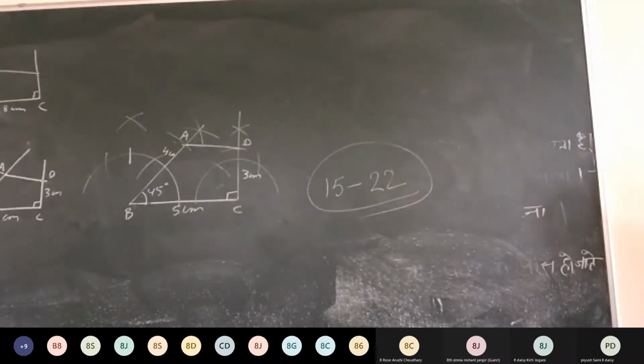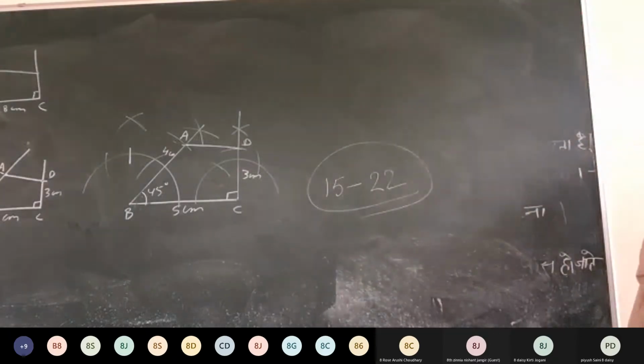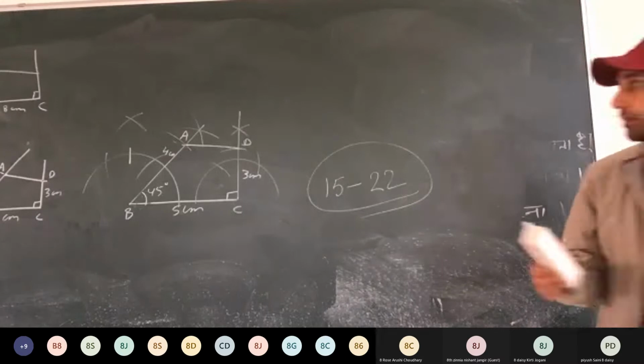So see here in the fifth one, AB is given, BC is given, and three angles. That means two sides and three angles are given.